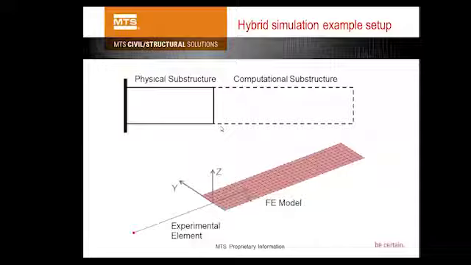The ratio is not exact; we just want to demonstrate the concept. So essentially, we extend that plate by including a computational substructure. These are modeled in OpenSees, and this is the experimental element implemented in OpenSees to represent the physical substructure. That's how we perform this case study.